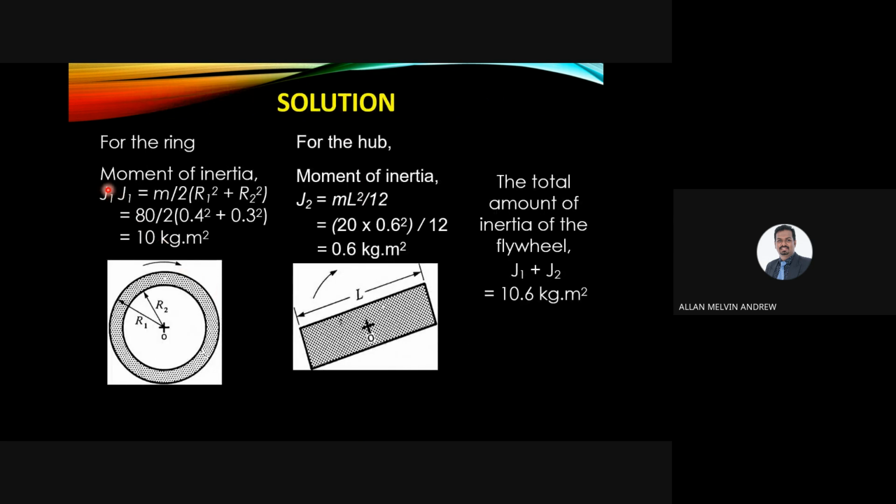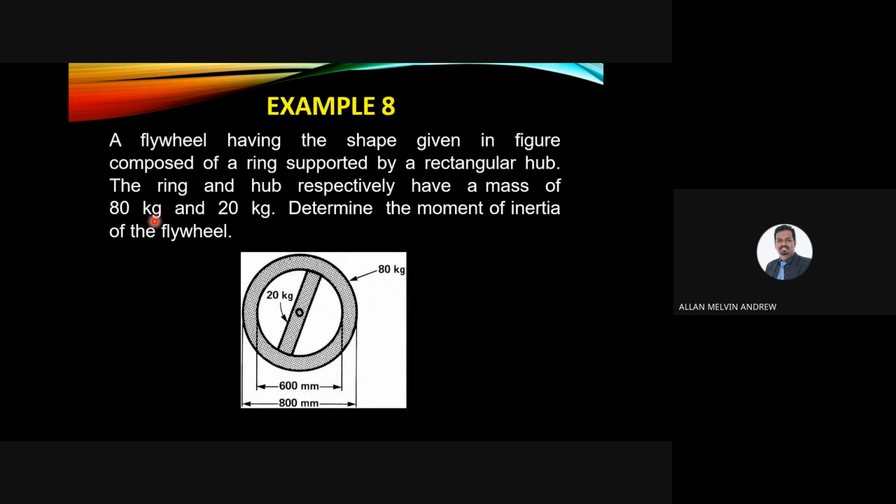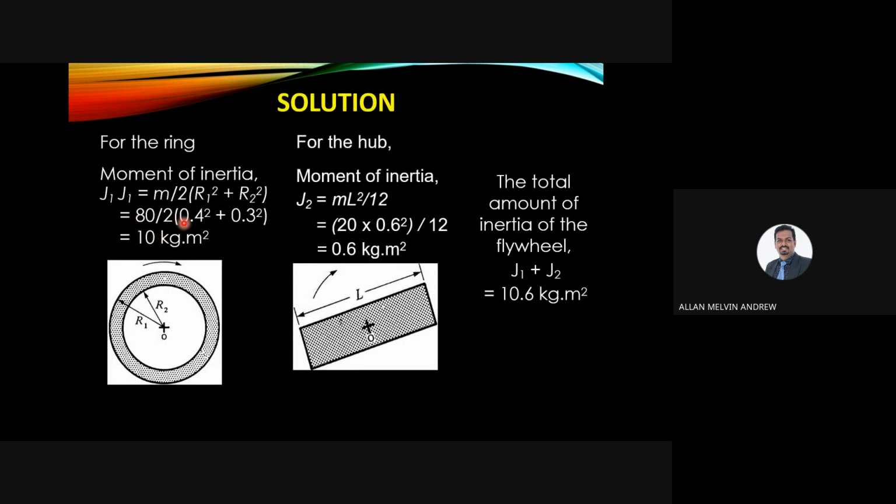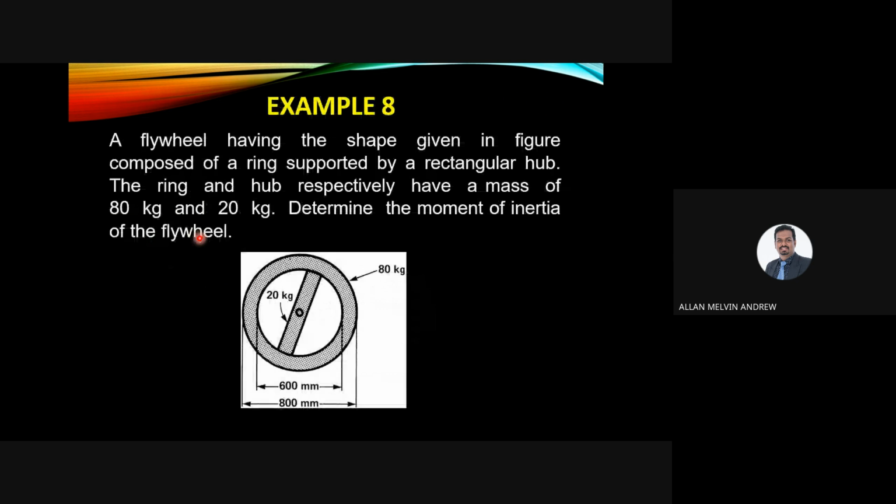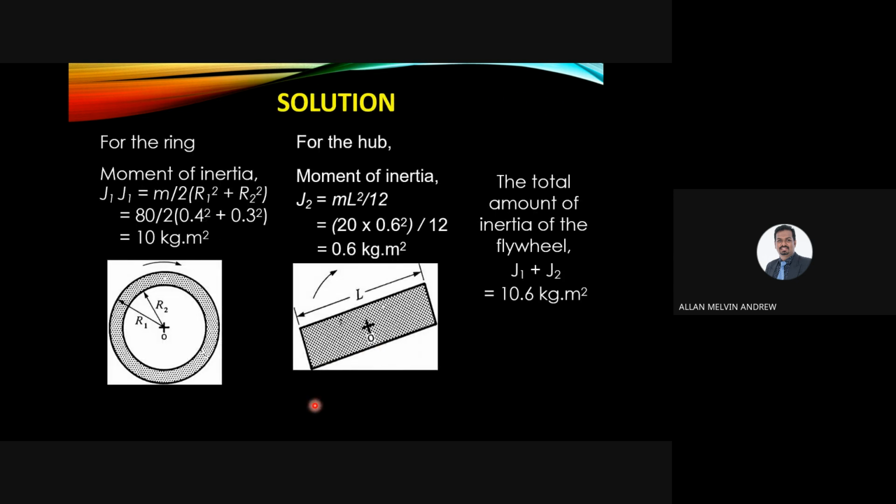There is only one J here, so J1 equals m over 2 times r1 square plus r2 square. M is 80, given here, so 80 over 2. R1 is from here, so 0.4 square plus 0.3 square. When you solve it, you get 10 kilogram meter square.